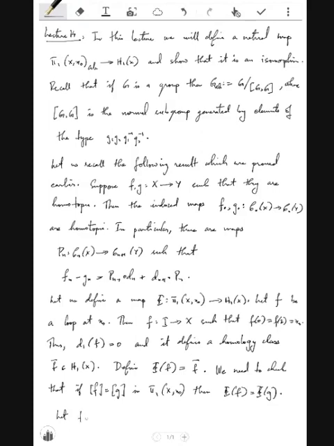Let f and g be two maps from S1 to X, which are homotopic.